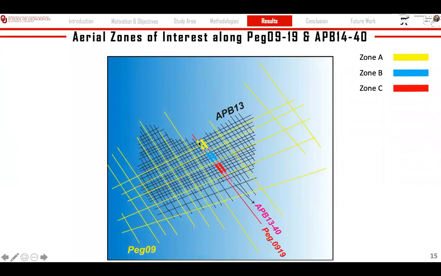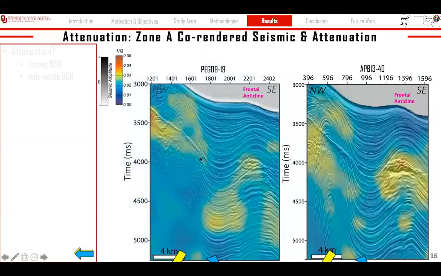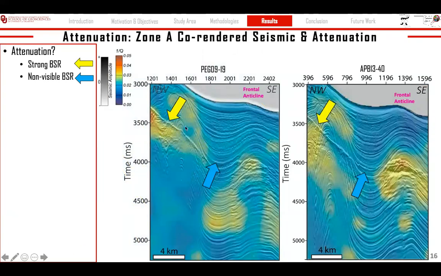Again, to remind the audience of where we are located in terms of the seismic lines and our comparisons of zone A for each line, zone B, and zone C. So our results for the attenuation seem very promising.